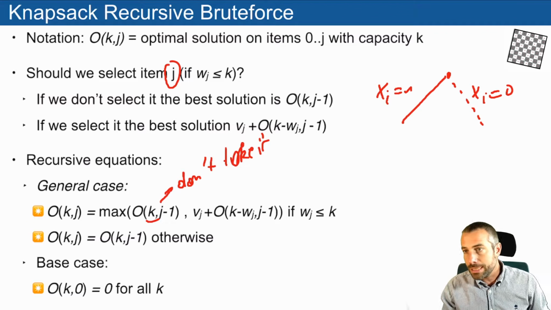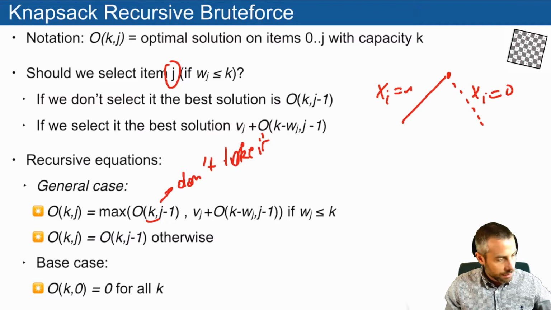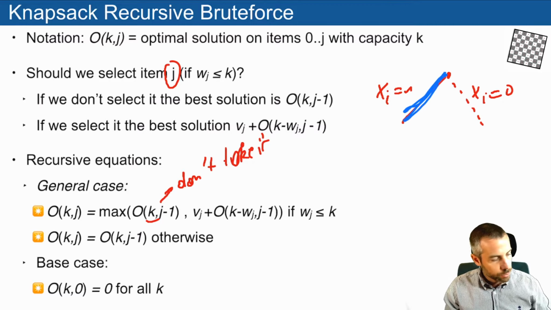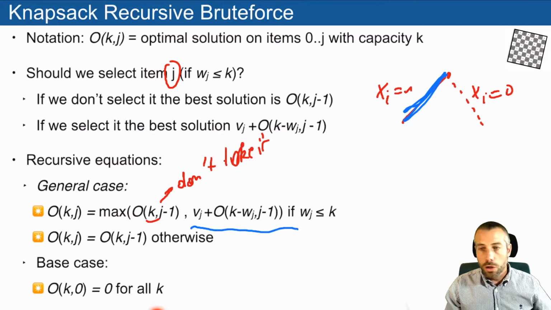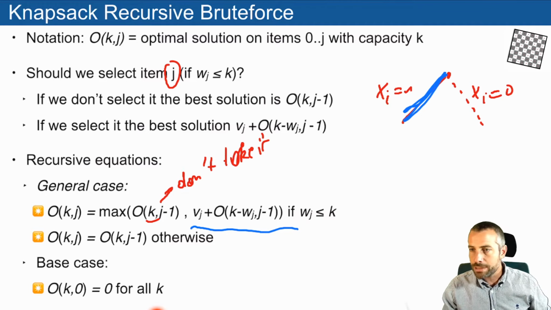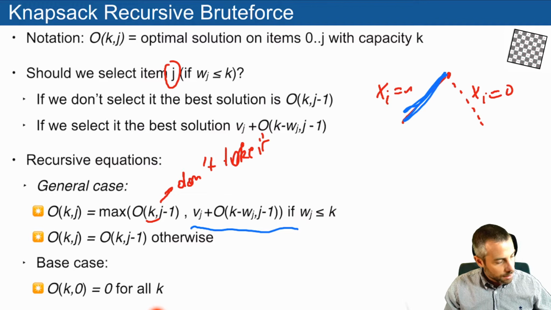The other possibility is that you take it, okay? If you go in that path, this is the blue part here. If you take it, the amount of value that you gain is at least the value of the item j, because you select it.